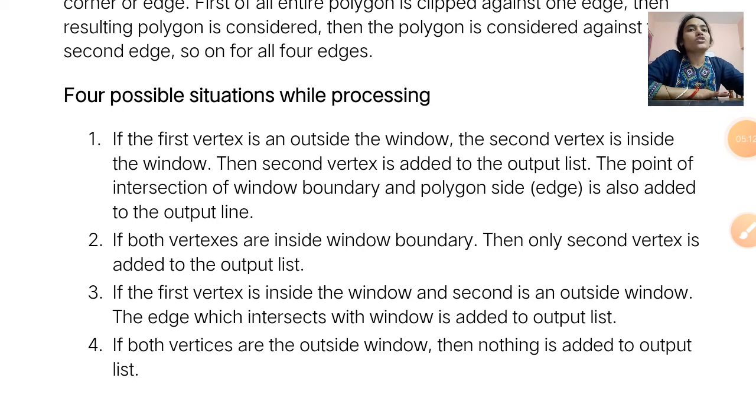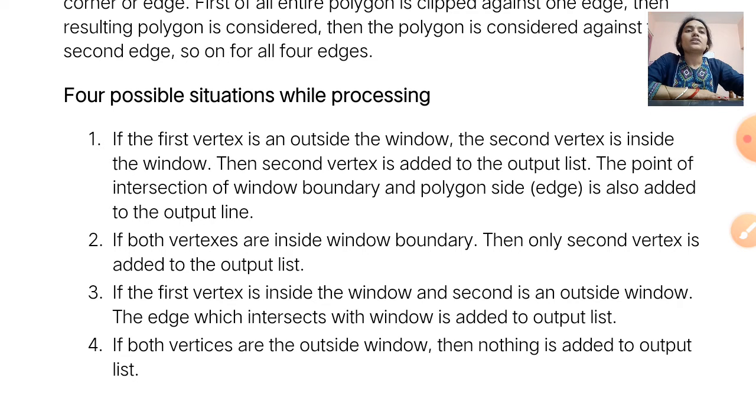So let us discuss the four possible situations while processing the polygon clipping algorithm. First case: if the first vertex is outside the window and the second vertex is inside the window, then the second vertex is added to the output list.